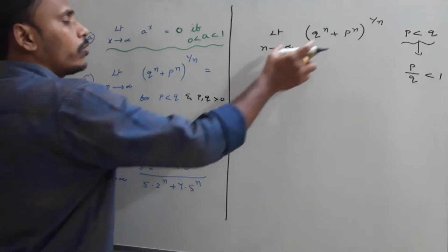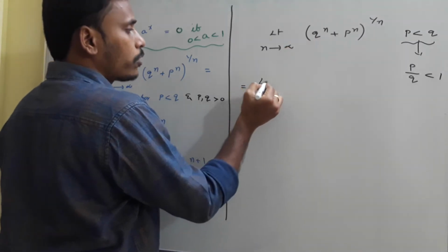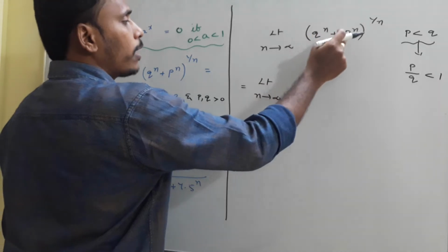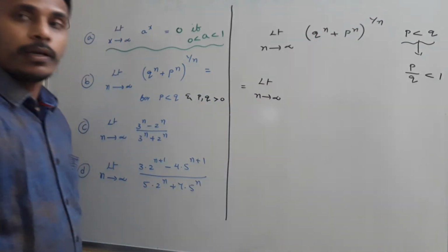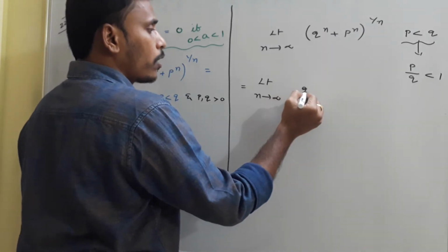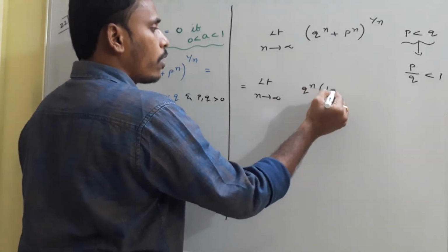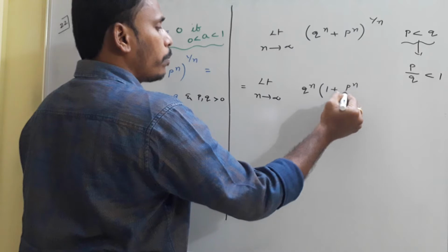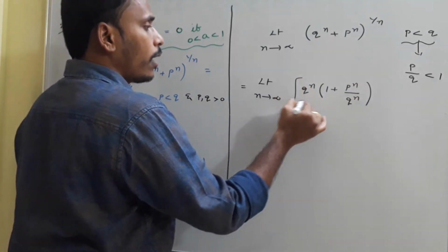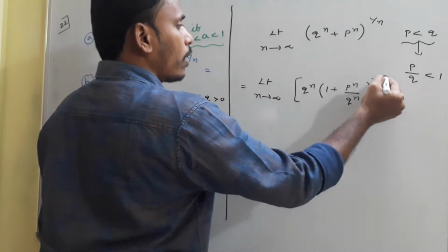Now just observe this problem. This is equal to limit n tends to infinity of (q power n plus p power n) to the power 1 by n. From these two terms, you just pick out q power n. So q power n of (1 plus p power n divided by q power n) and whole to the power 1 by n.